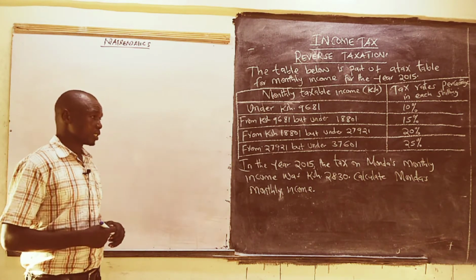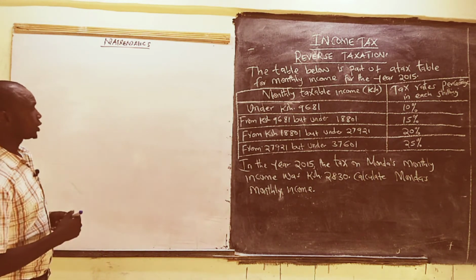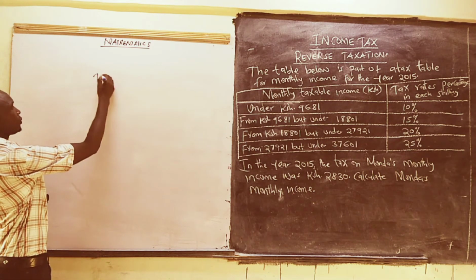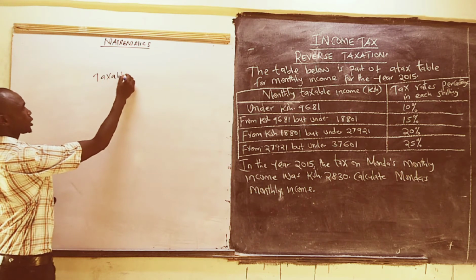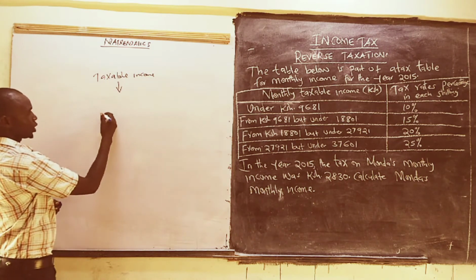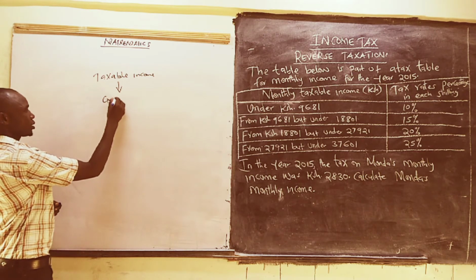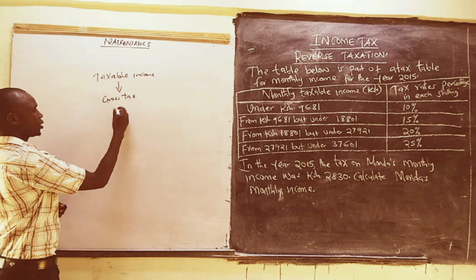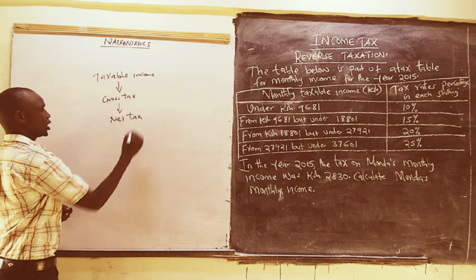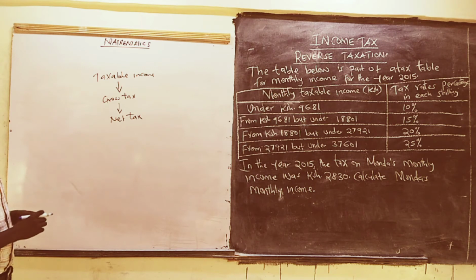This is reverse taxation, and usually under normal taxation we begin by looking at what we call taxable income. Then we move down to what we call gross tax, which is the tax from the table. Then lastly we finish with what we call the net tax, or simply the income tax.